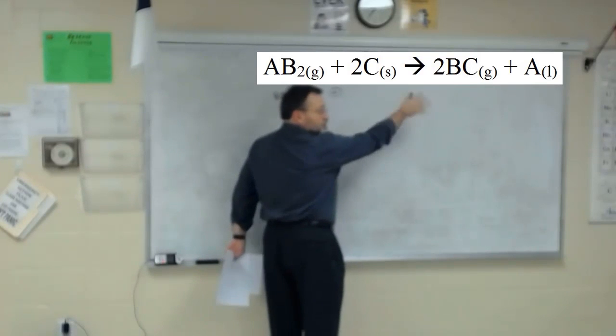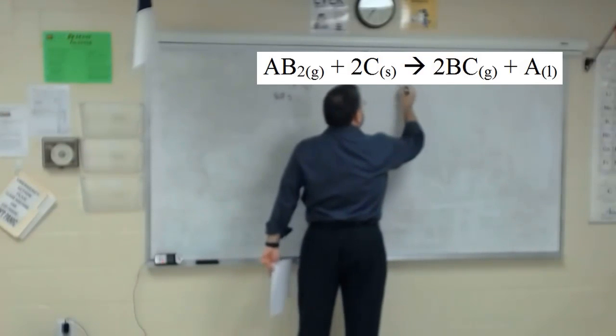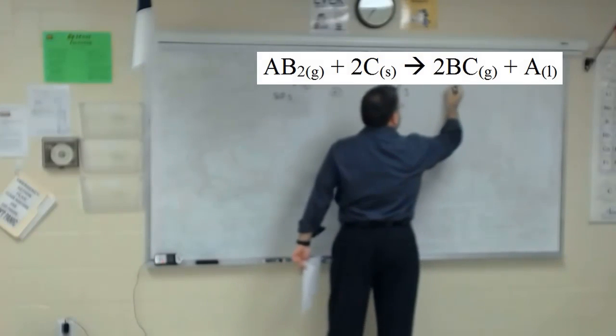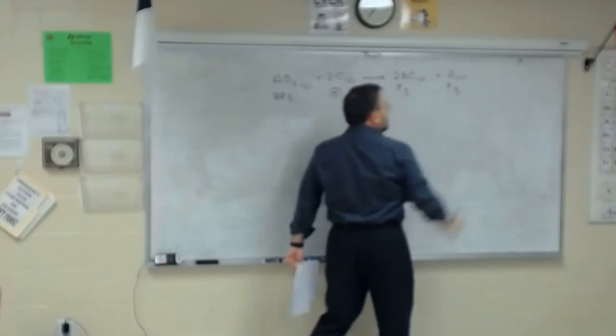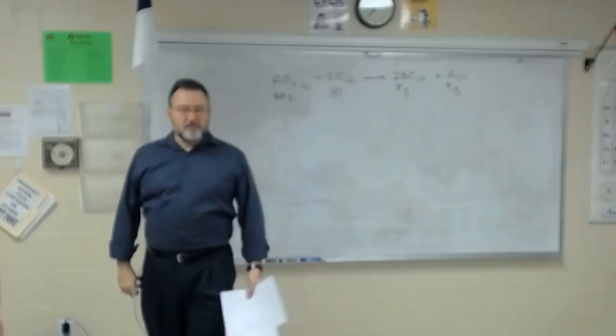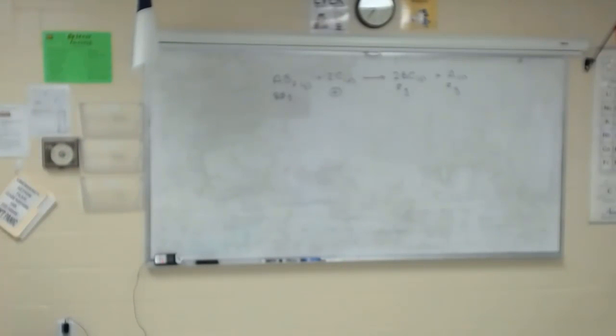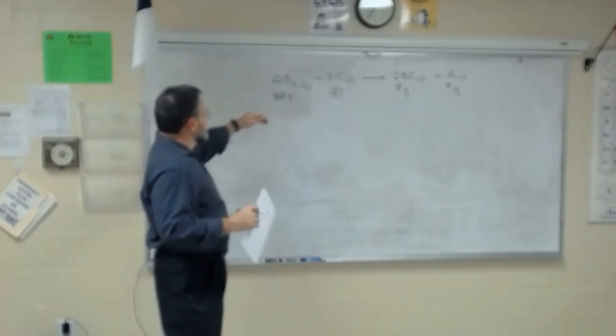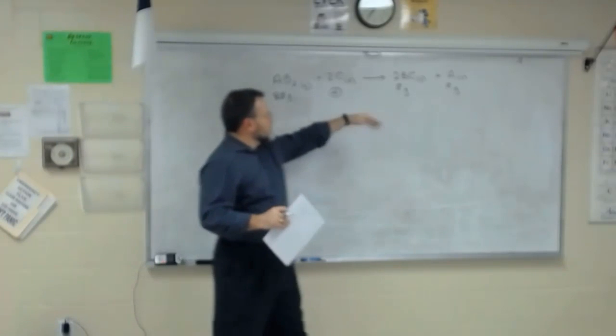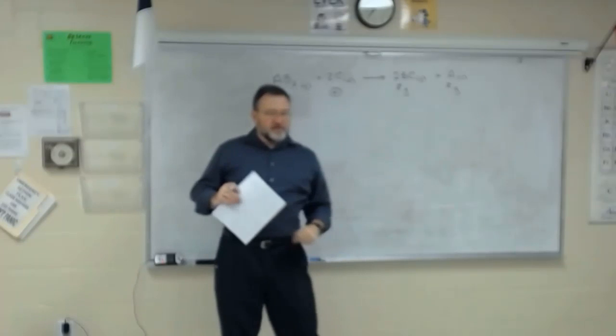The products you need to know on the product side of the reaction arrow, how many grams of each are formed. So that's my setup just from the word problem. This is where I'm going to go first. Okay. 80 grams in excess produces how many grams of each product?